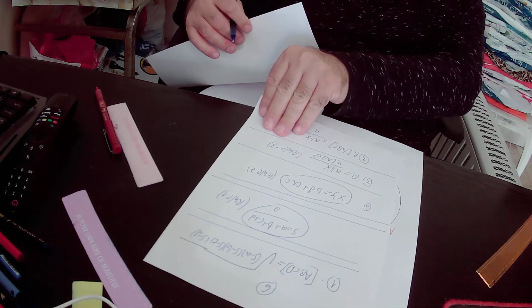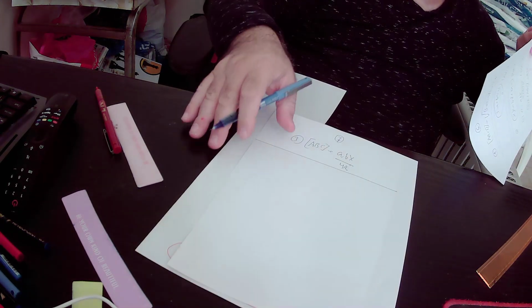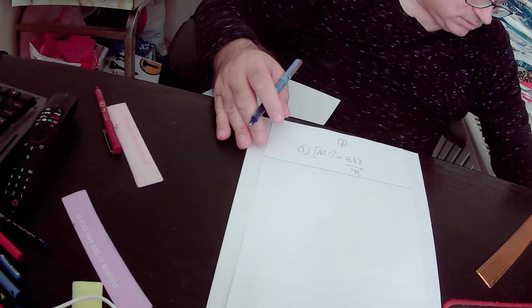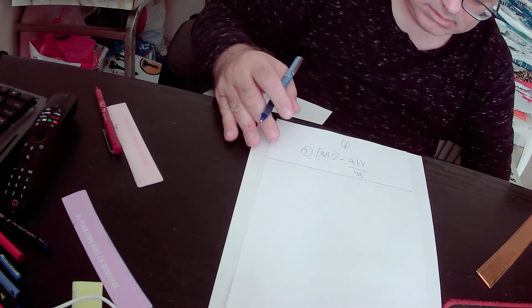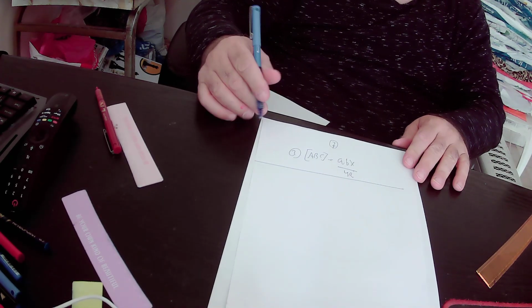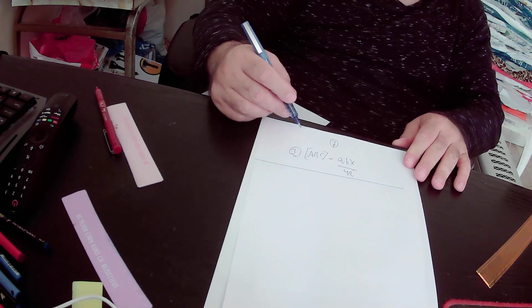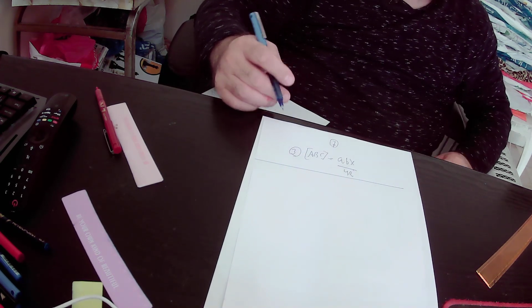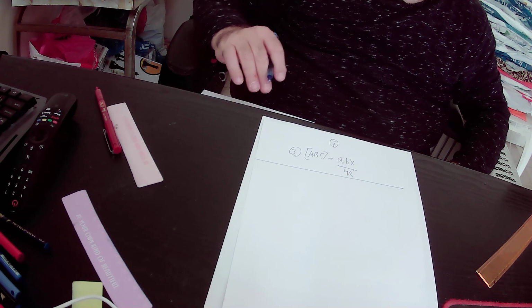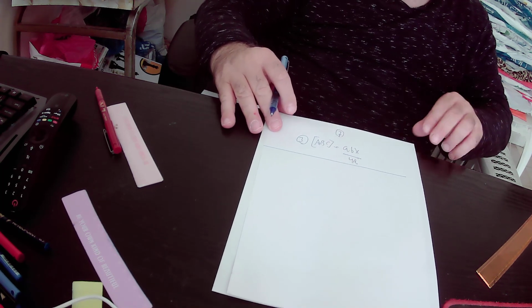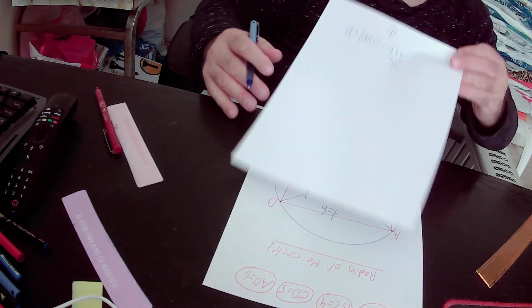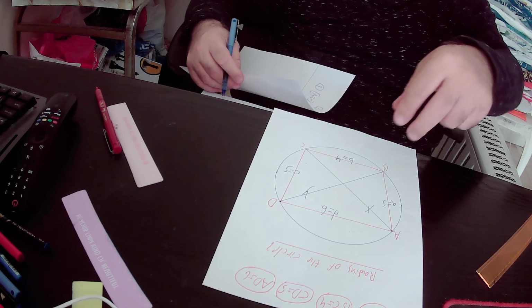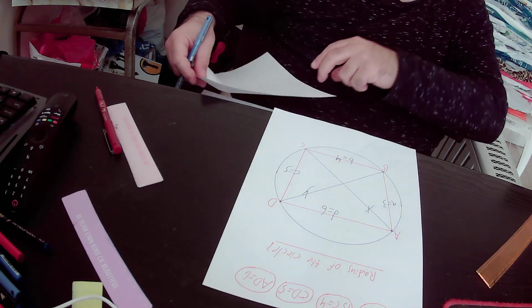So we actually found out the area of triangle ABC. According to equation number 3, it equals ABX over 4R. Okay? So in the next step we will focus on triangle ADC.